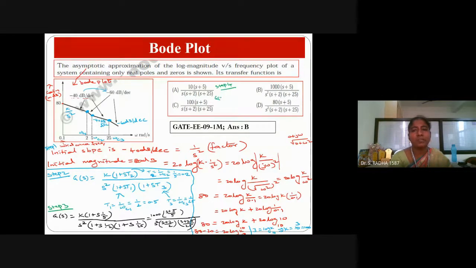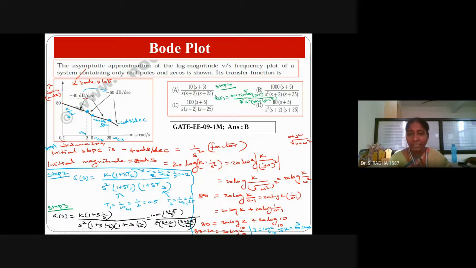G of s equals 1000 into 2 into 25 divided by 5. Other than this, we have 1 by s square, numerator s plus 5, denominator s plus 2, and one more s plus 25 in the denominator.